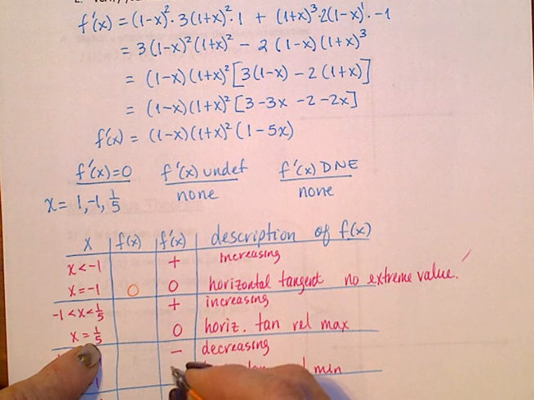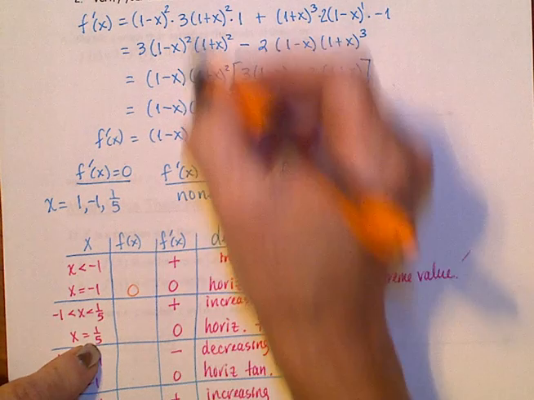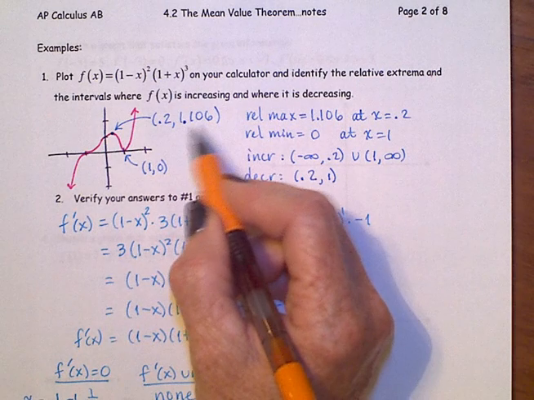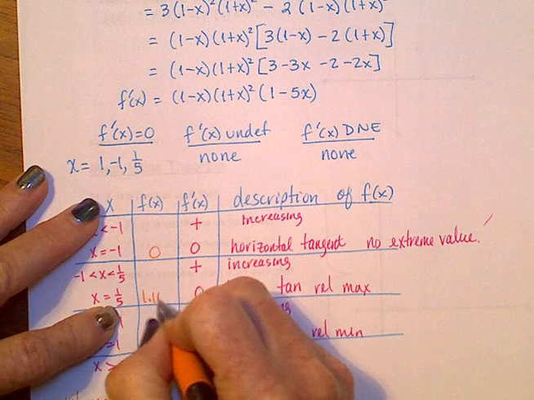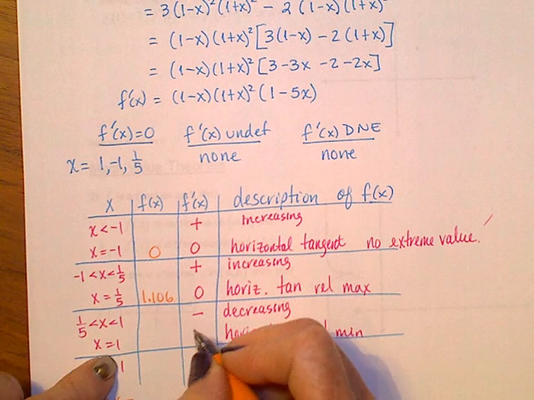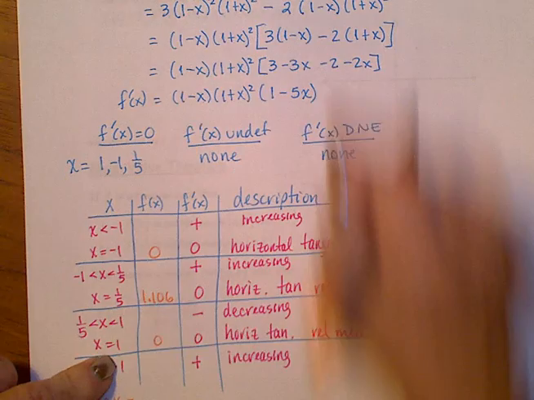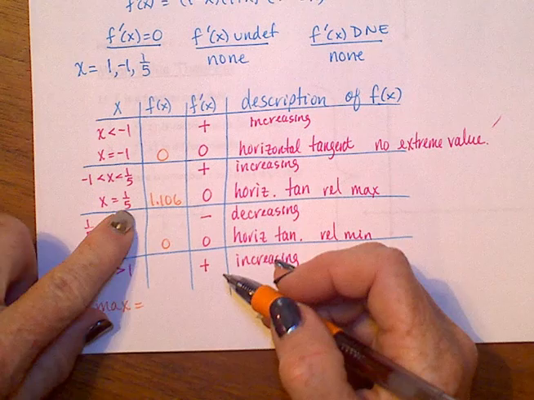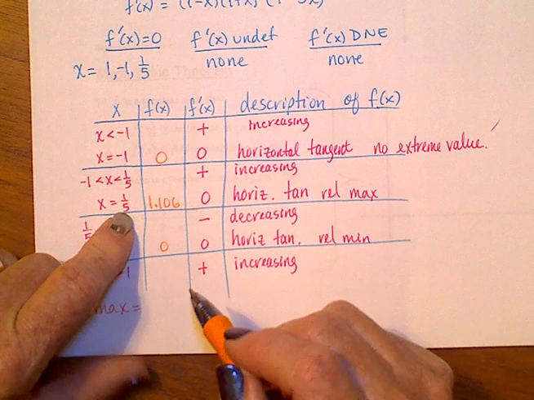At 1/5, we already know it from this chart, so I'm going to save us some time rather than plugging back in. That's 1.106, and at x equals 1, 0. If you didn't have the graph already, then absolutely you would take 1/5 and plug it back into the original function.